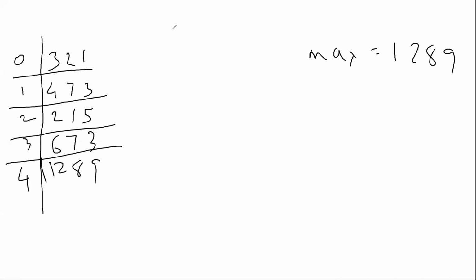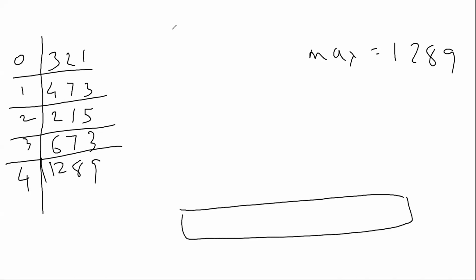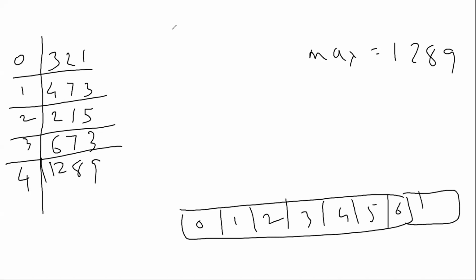And now it talks about taking some array. If I have an array size over here, this size will be 0 to 9, right? 1, 2, 3, 4, 5, 6, 7, 8, and 9. And now in this array, I need to go and look for the last digit.